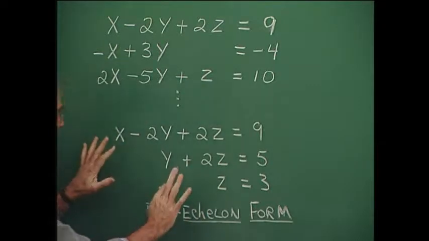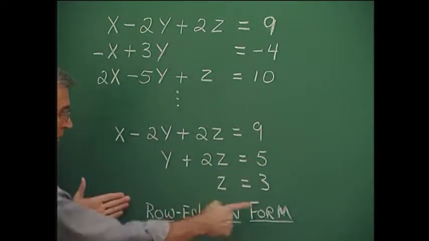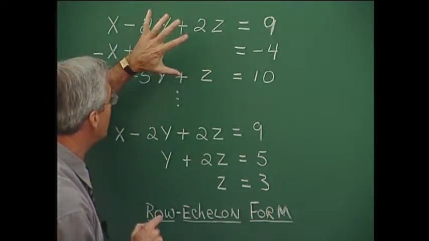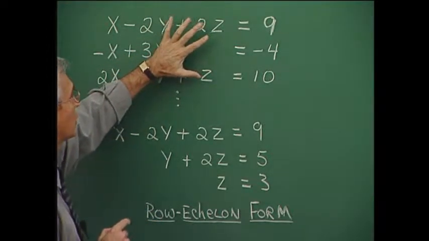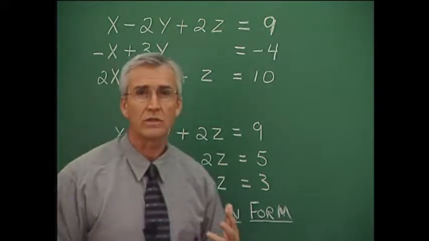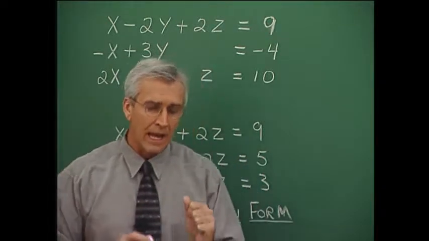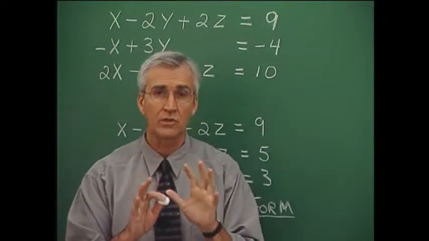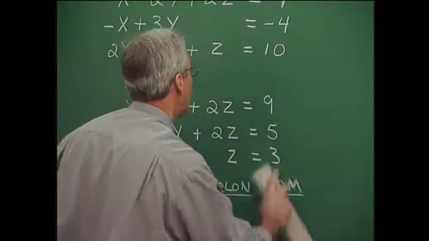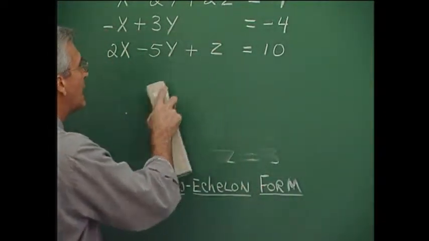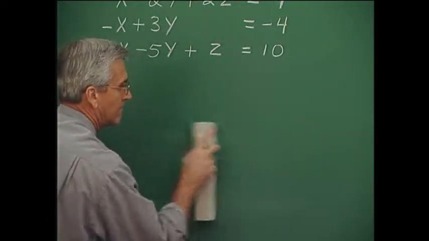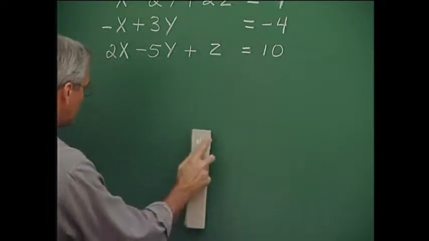So if we look at this from a matrix standpoint and think about rows instead of equations, you see then exactly the same kind of idea prevails. And if we're taking our augmented matrix and trying to put it into a fashion where we can read answers or where we can back substitute, then the row echelon form would look like this. You see, we can manipulate this rascal into a form like this and understand that this means 1x minus 2y plus 2z is equal to 9.